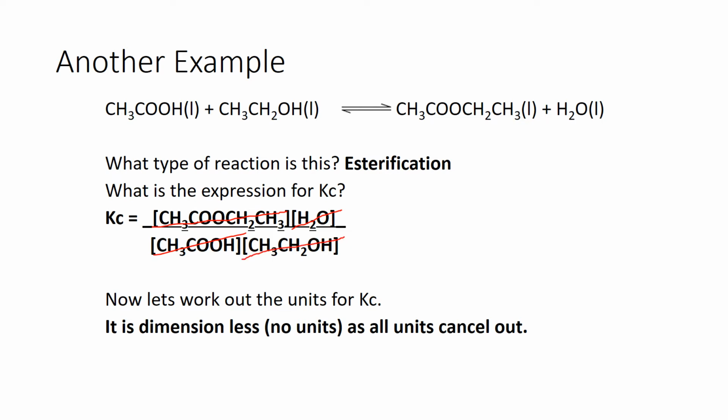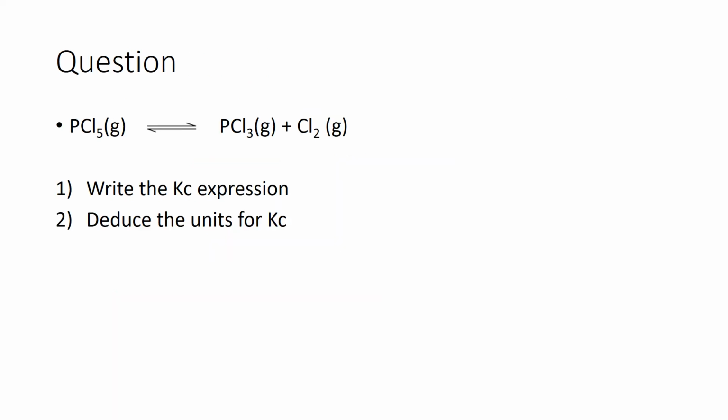So all of the units cancel out. It is dimensionless, just as for the case for hydrogen iodide. Kc in this instance has no units. Okay, so hopefully that all makes sense.